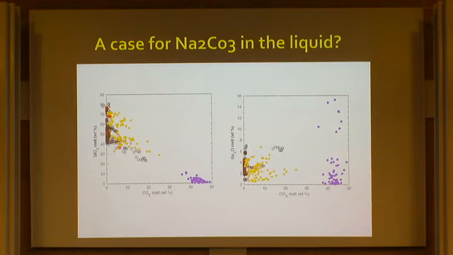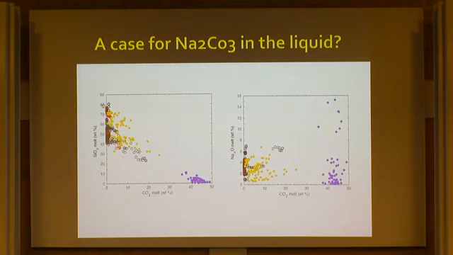This is carbon dioxide in the glasses, and this is sodium in the melts. And actually some of these more than likely underestimate the sodium content for experimental reasons. So you can see that for these higher pressure experiments, we may have to try a sodium carbonate species in the liquid.